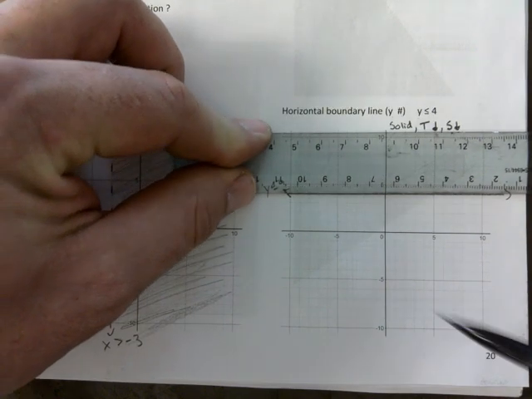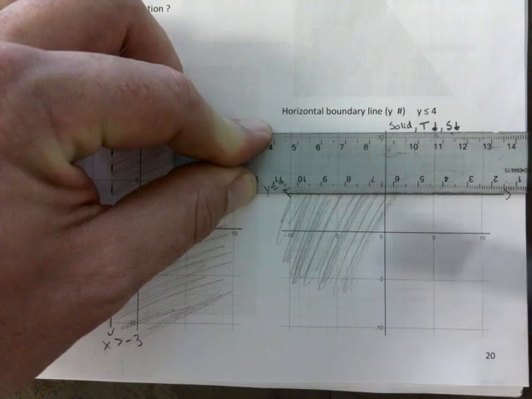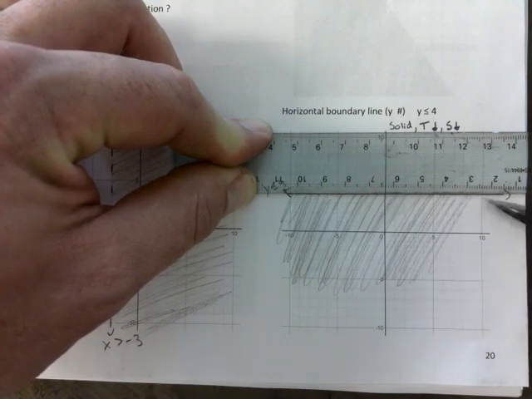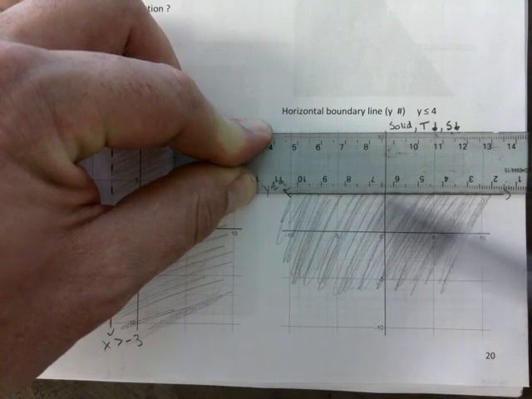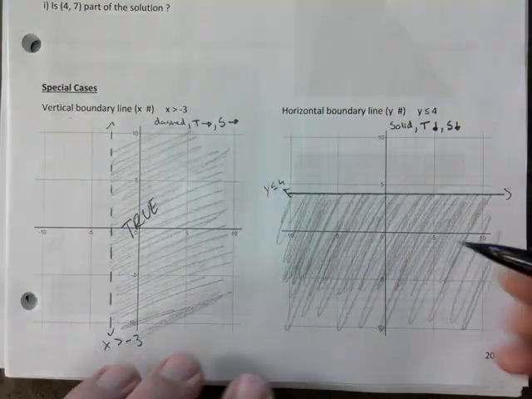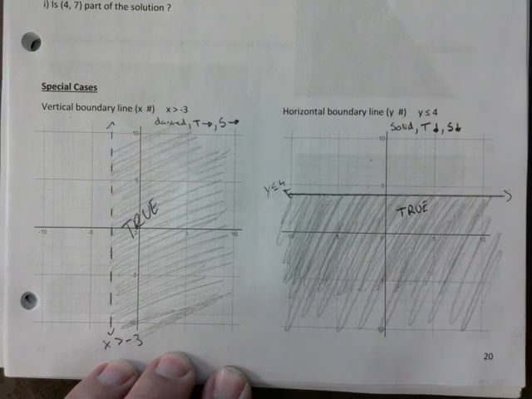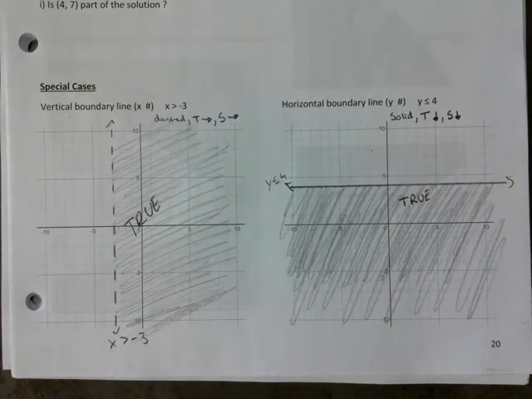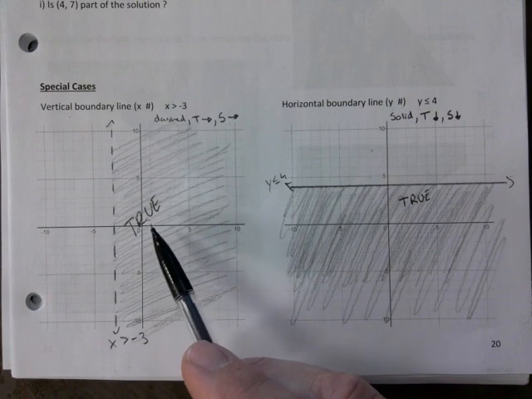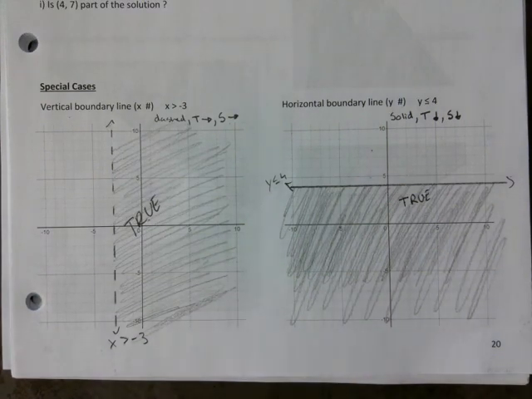Yeah, don't use a pen when you graph these things. I don't advise that because you'll make mistakes and you have to erase, right? So make sure we indicate that the true region is below. And you should recognize at this point, oh, it's true and shaded, it's regular shading, right? I would expect you to know that by now.